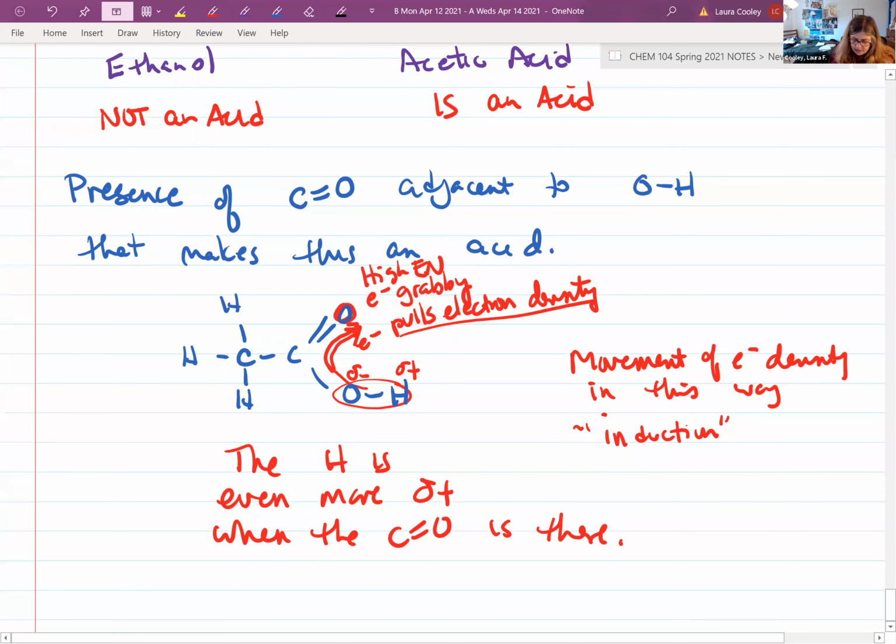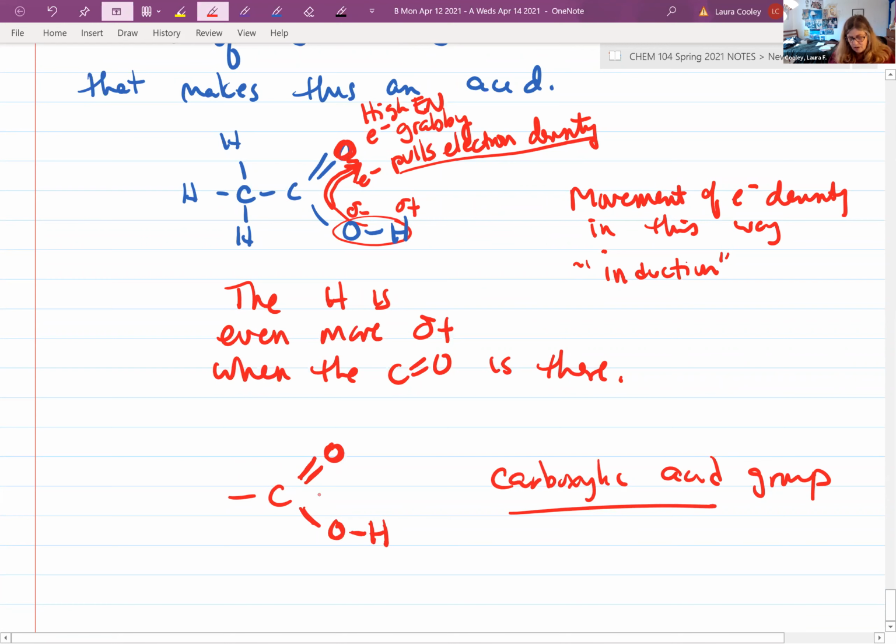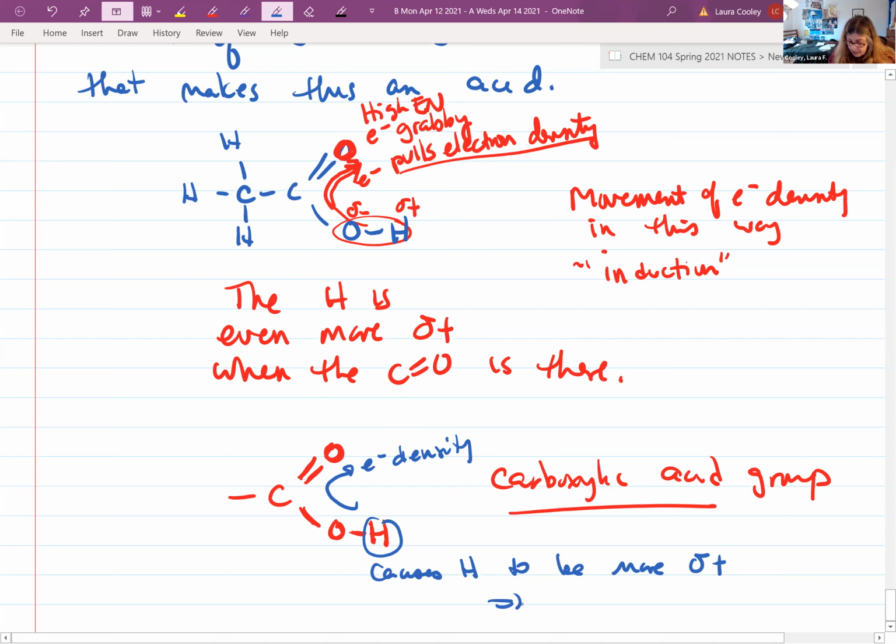And that is why this group is called a carboxylic acid group. It's because this combination of having the OH with the adjacent C double bond O pulls electron density in this direction and causes the H to be more delta positive and more donatable.